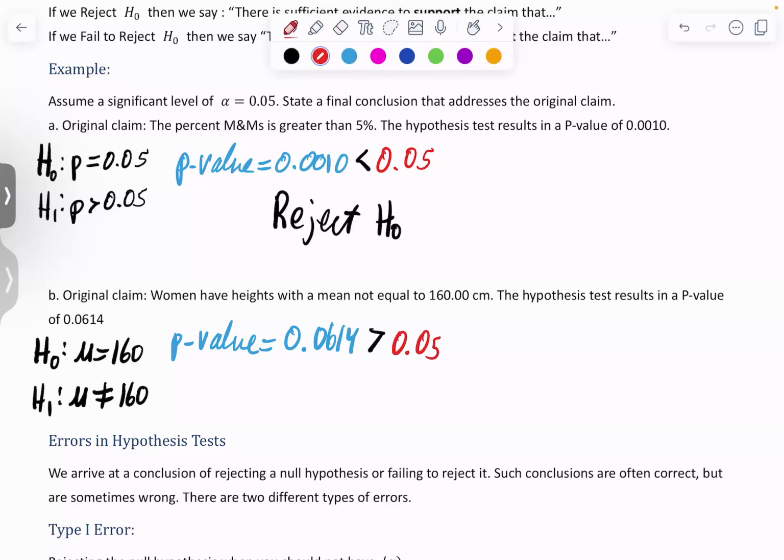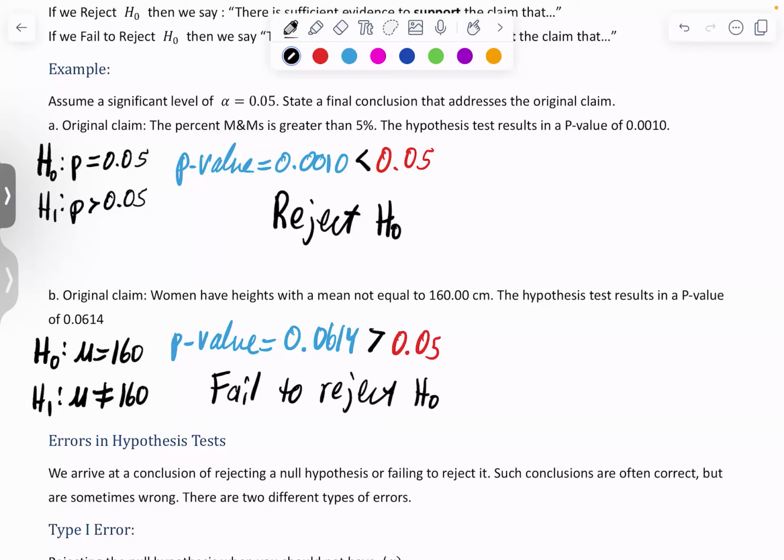There. Which means we're going to fail to reject the null hypothesis. Meaning we are sticking with the mean height is 160 centimeters. We still think that it is, based on this p-value.